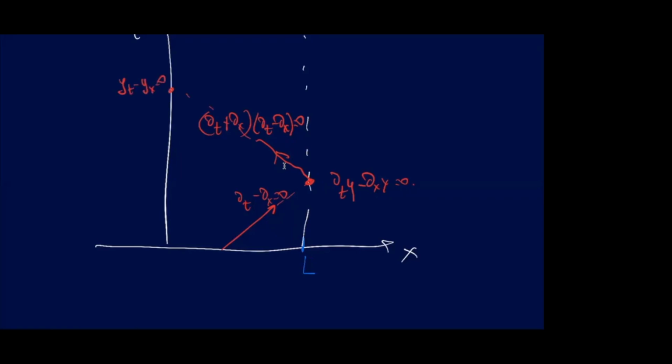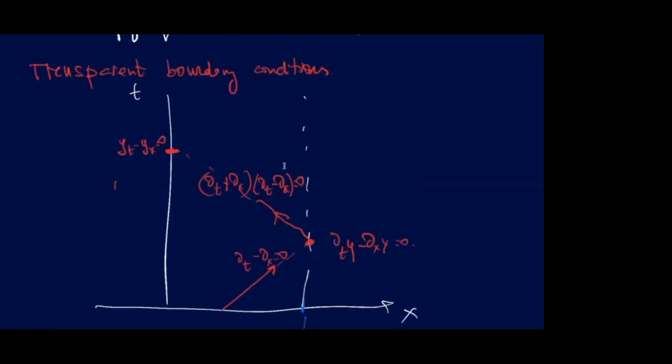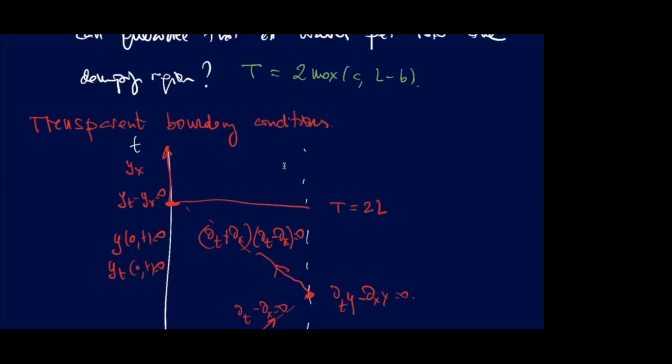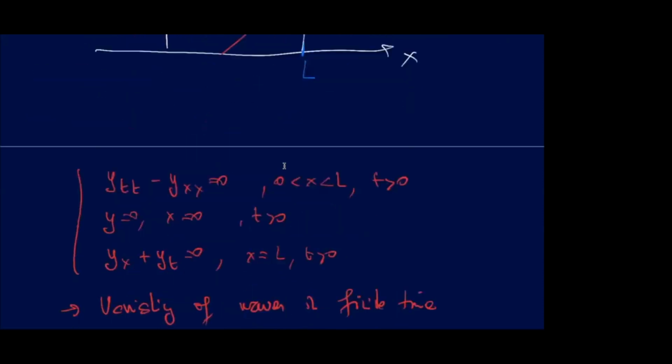But if yt minus yx is equal to 0, then because I also have y0t equal to 0, this means that yt0t is equal to 0. I will also have above this point, so after t equal to 2L, both the Dirichlet and the Neumann condition equal to 0.